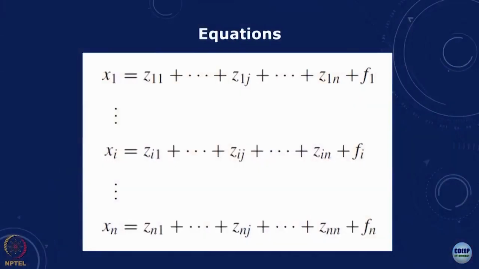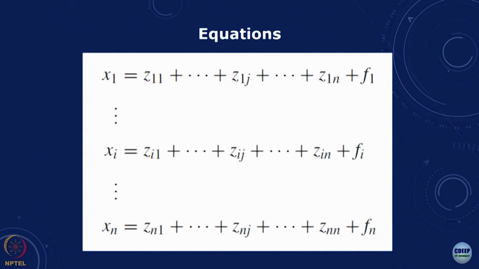Let's start from scratch. Let's look at the expression that we had got earlier, which was in terms of xi being equal to zi plus fi. We can write the zij, as we said, is going to be a combination of a into x.